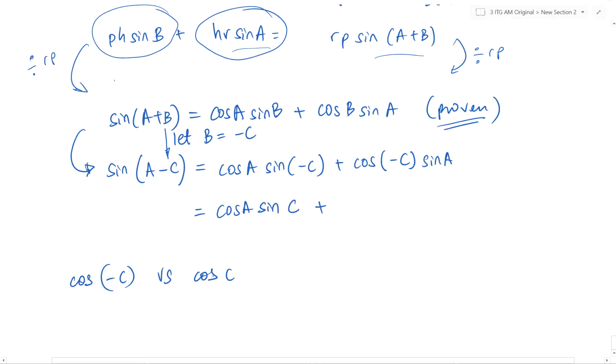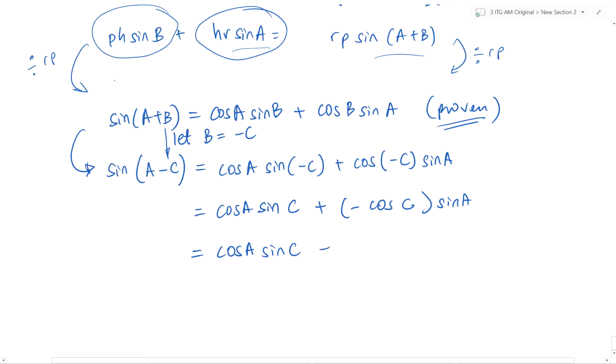There is a negative. So this is the same as plus a negative cosine C sine A. So next, this is the same as cosine A sine C minus cosine C sine A. This is the next relationship we have, A minus C.